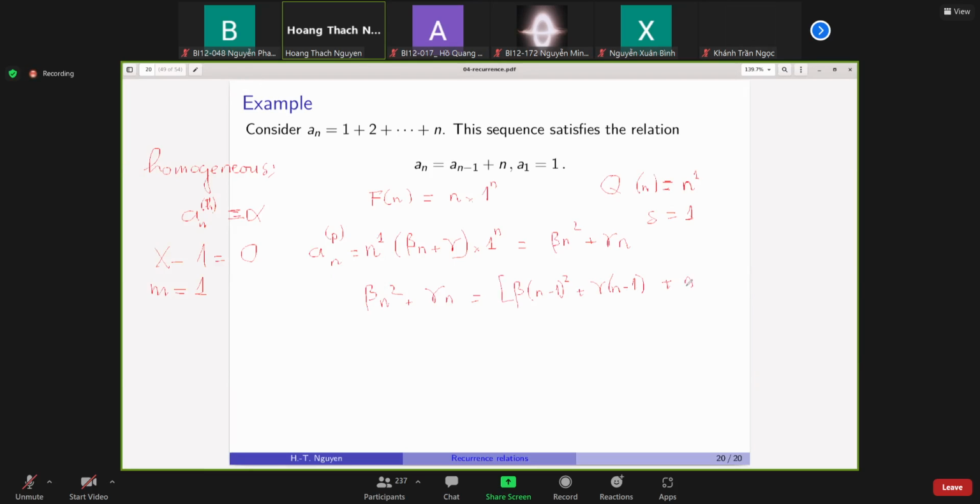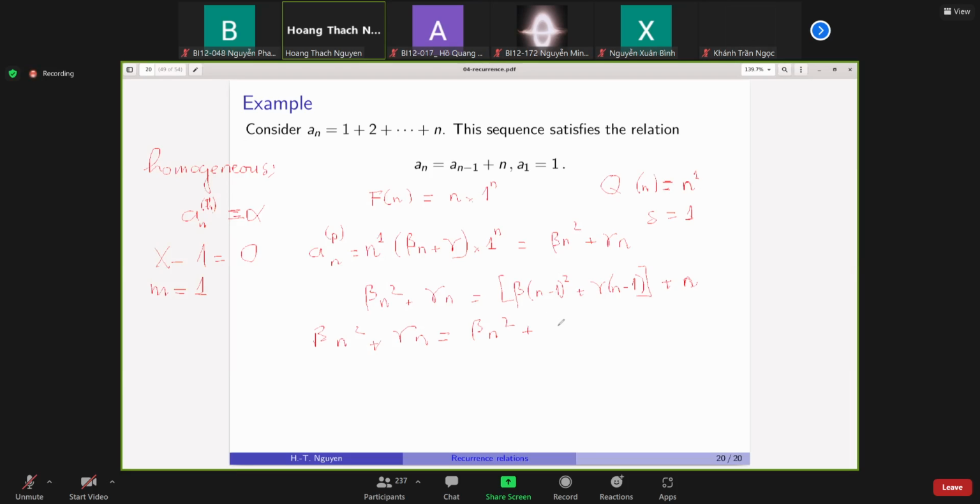We plug it into this relation, and we will obtain beta n squared plus gamma n equal to beta n squared plus, we will group the terms of n.